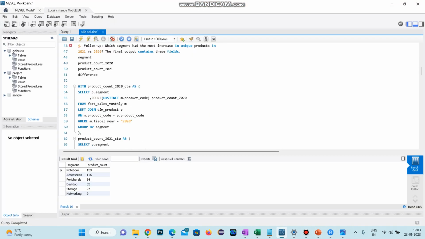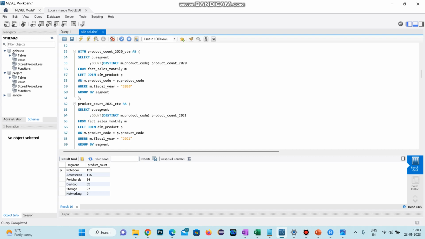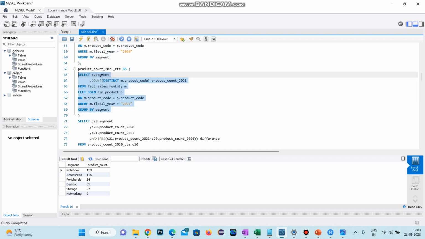Here I'm using CTEs for getting the segment and count of distinct products. We are using two CTEs, one for finding the distinct products for 2020 and one for 2021.